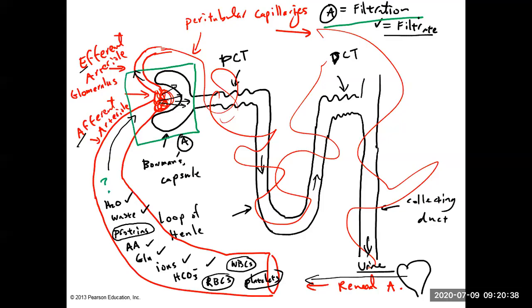The next part I would like to go over is the PCT, the proximal convoluted tubule. Now we're going to put our concentration on what is happening right over here.